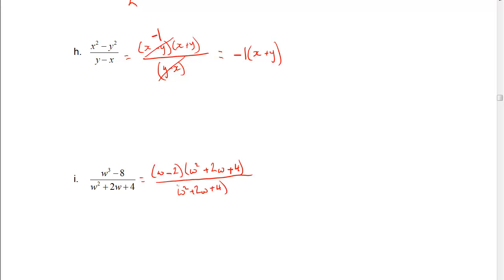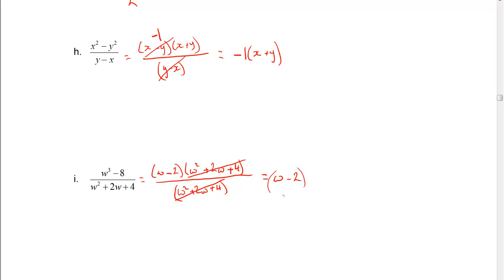And even if I could factor it, which it turns out you can't, we wouldn't even have to bother because we can recognize that that's the exact same factor that we've now created up top by using the difference of cubes, which means we can cancel each of those factors, and the final answer is w minus 2.